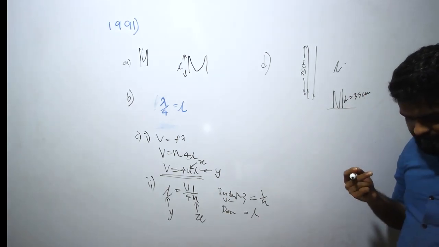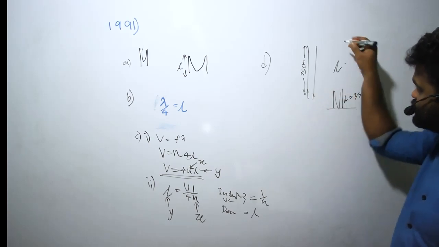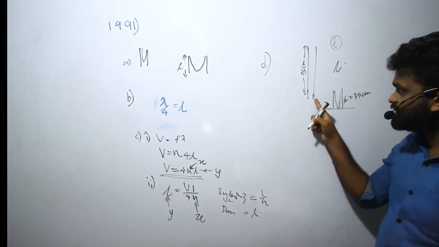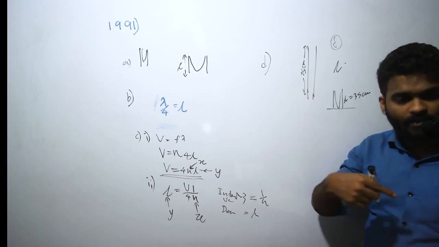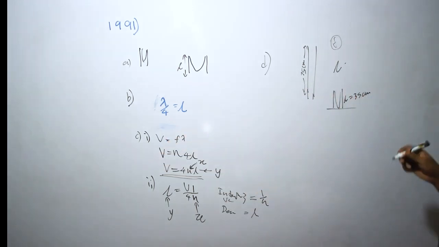So what they ask is, is this enough? You are using the same fork. Is this tube enough to have another resonance length? So that's what they ask.